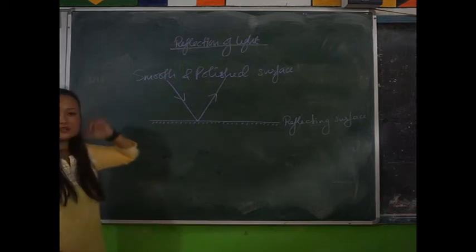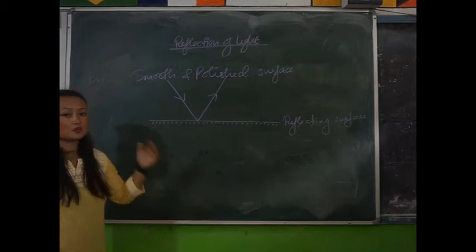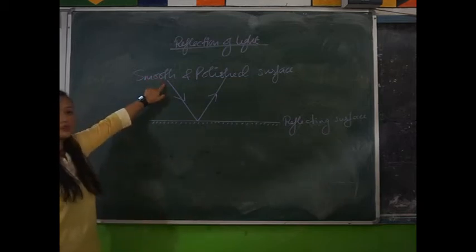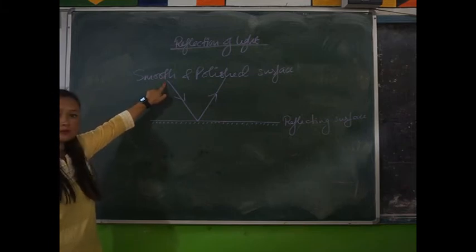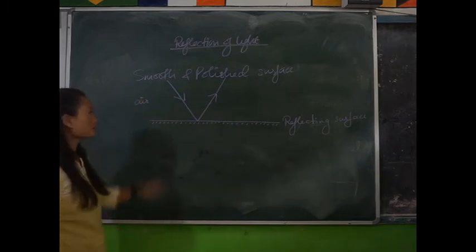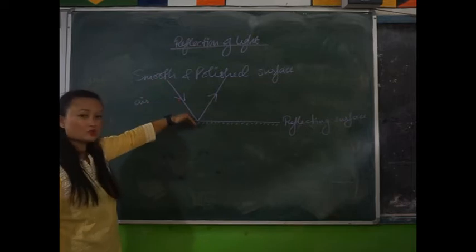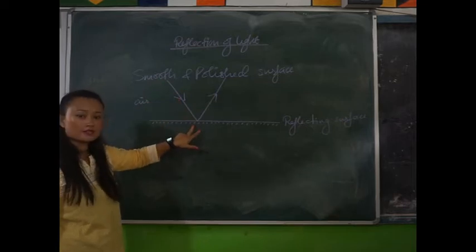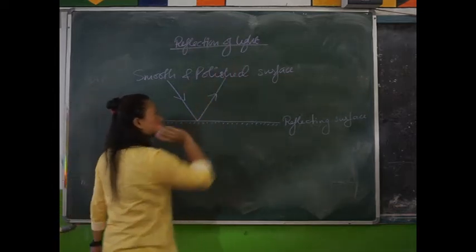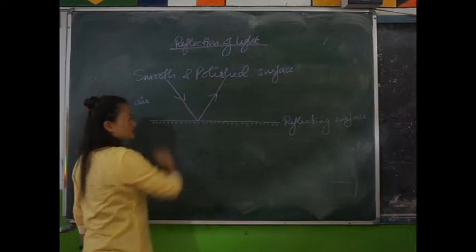So here the ray of light is coming from a medium, say if it's air, just assuming it to be air. The ray of light comes from the air and then strikes a reflecting surface. After striking it, it returns back to the same medium, but in the opposite direction.